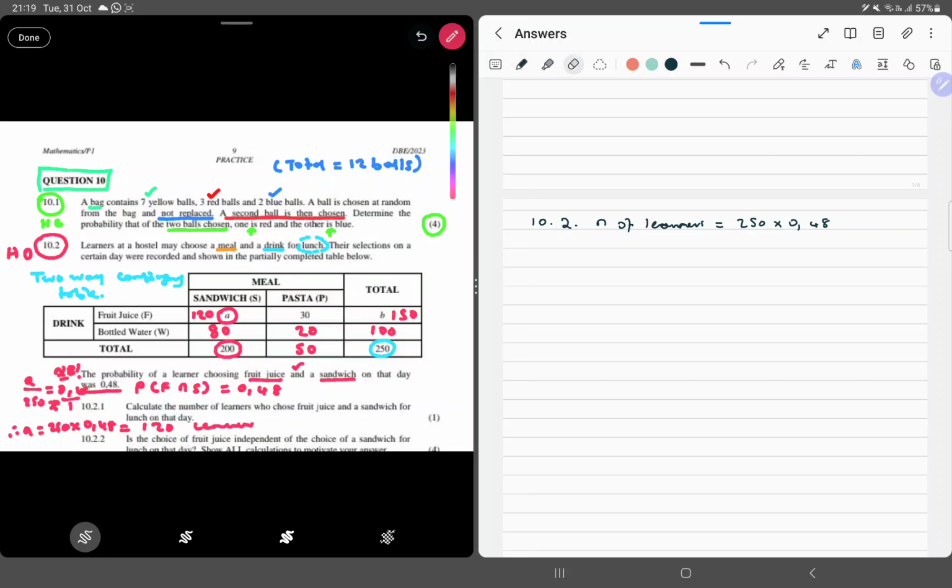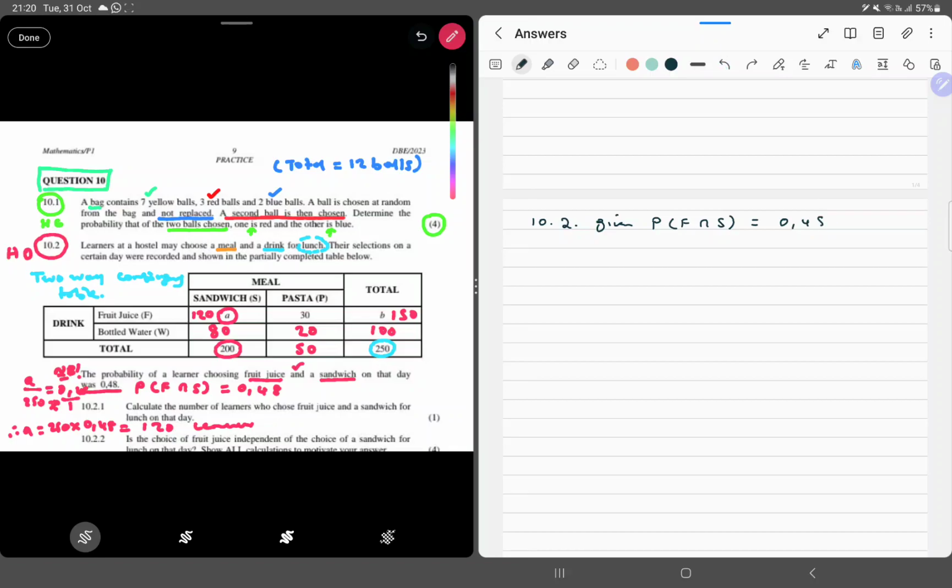Or if you want to go step by step, we know that we are given that the probability of, for example, a fruit juice and a sandwich is given by 0.48.